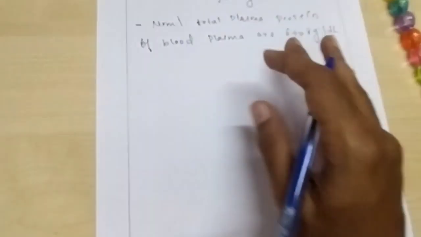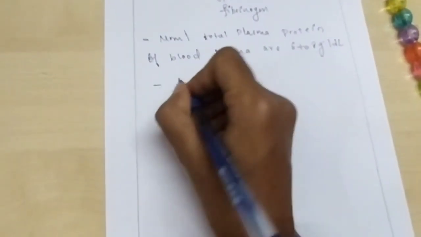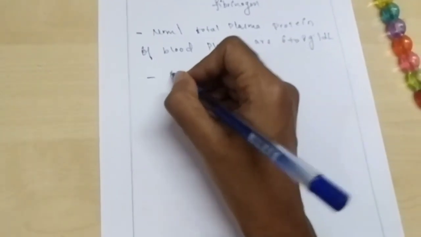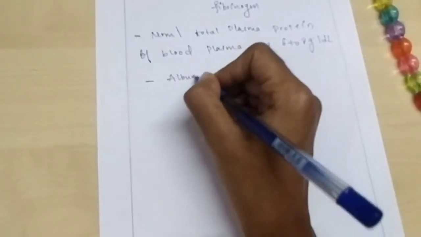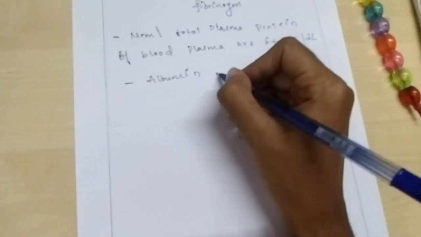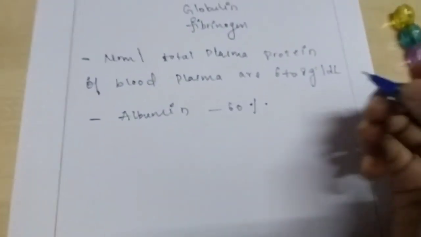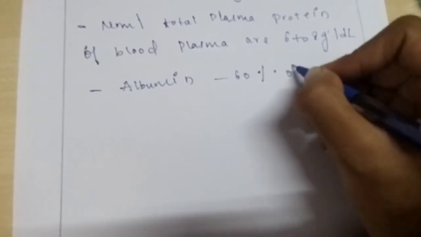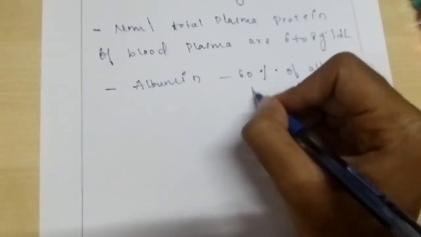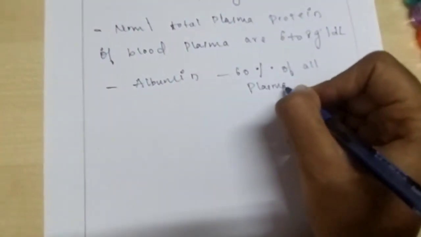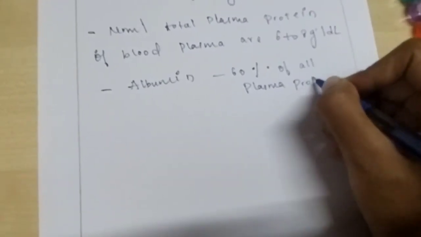So let's come briefly to it. Here the major types are albumin. Albumin is 60% of all plasma proteins.